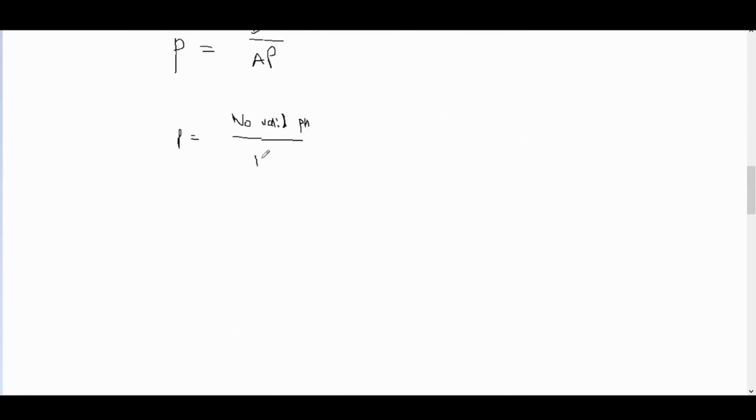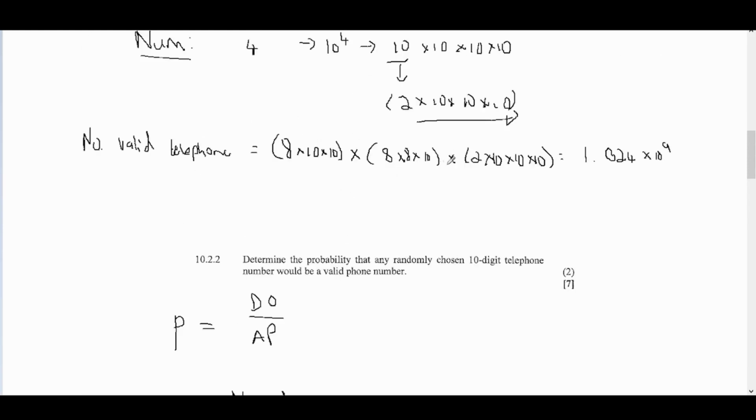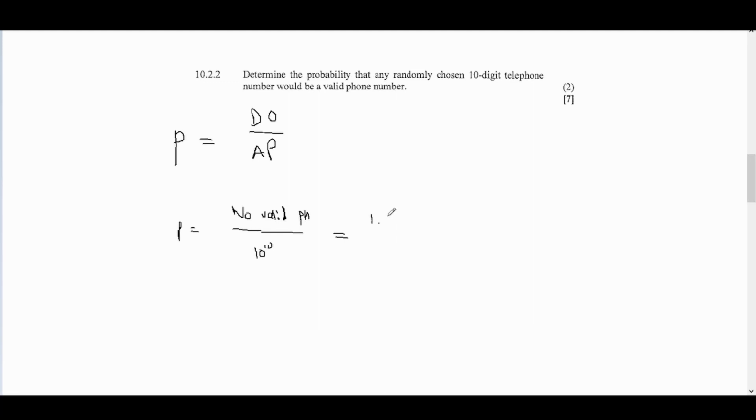So let's call this 10 to the 10. And then we have our answer here of 1.024 times 10 to the 9 divided by 10 to the 10.